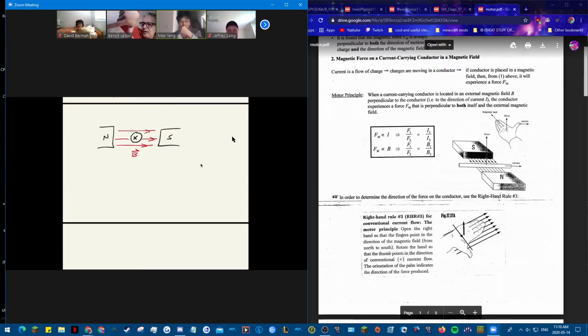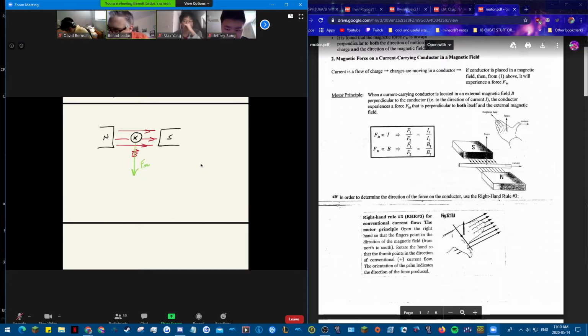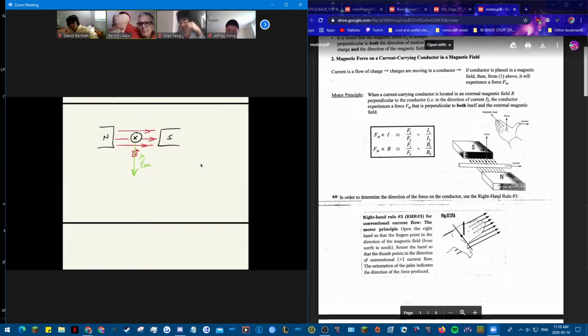So the force here is down, right? The force on this will be down. So once again, if you look at the graph here, current is going in. The magnetic field is like this. So the magnetic force will be down. You see that?